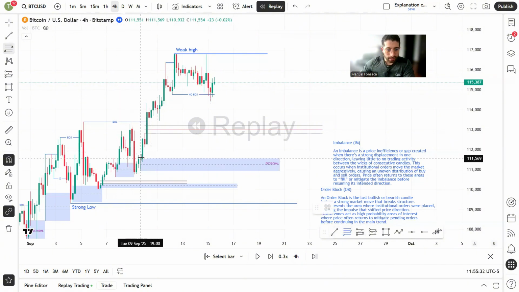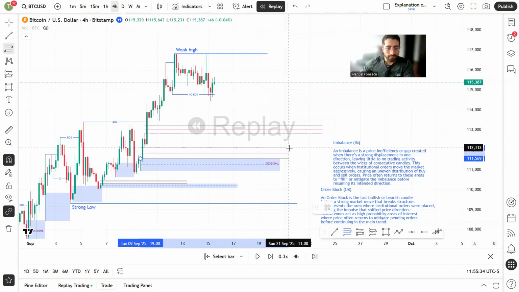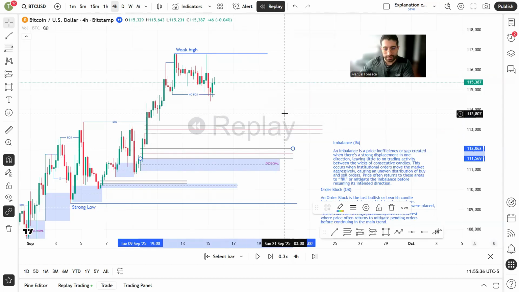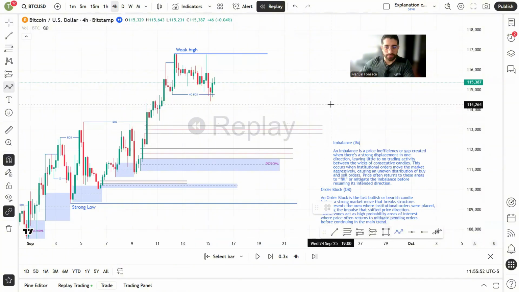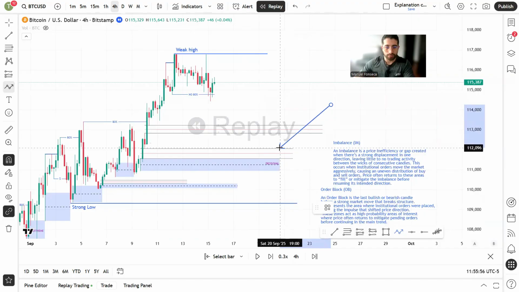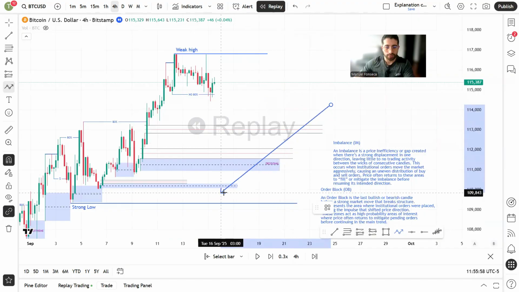So in the market, you will find plenty of imbalances, order blocks, and points of interest. Then you'll say, wow, it will confuse me much more than I was expecting. The thing here, my friend, is that you need to understand two things. First, what is your real point of interest? It could be this one, this one, this one, or this one.